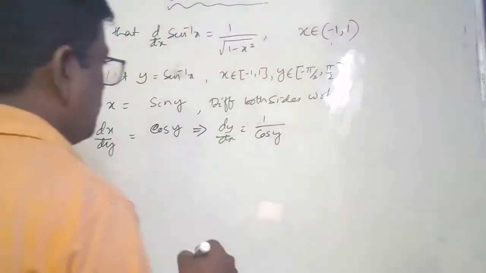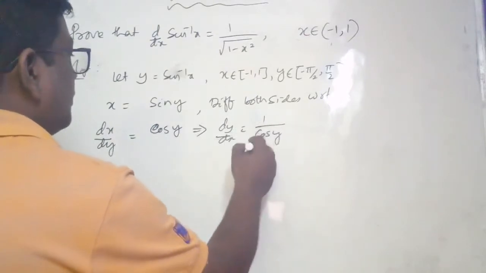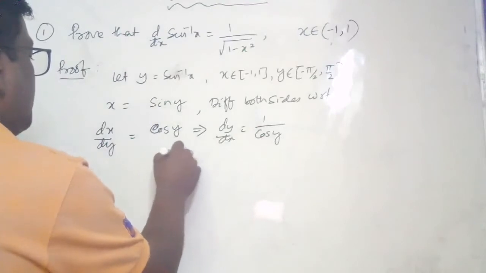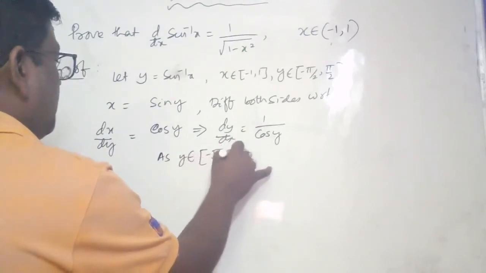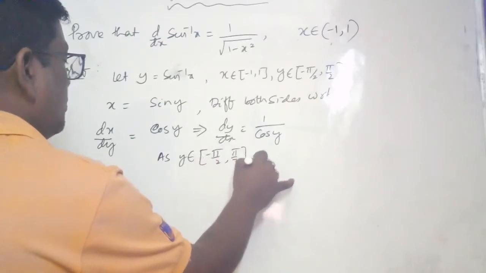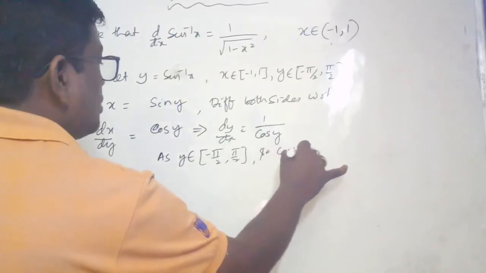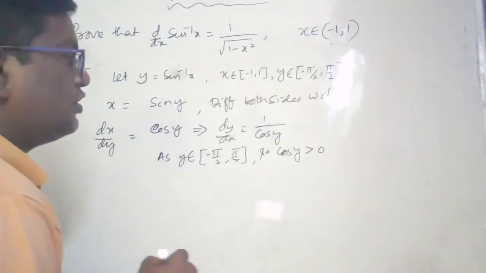Okay, here y belongs to minus pi by 2 to pi by 2, so cos y is greater than 0.